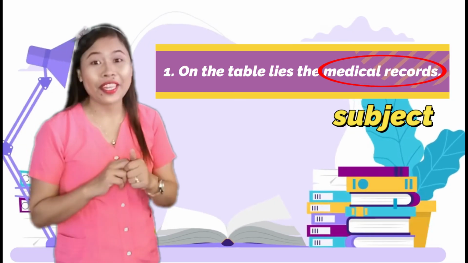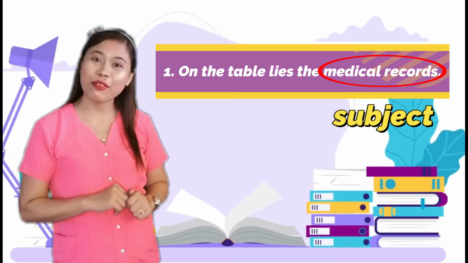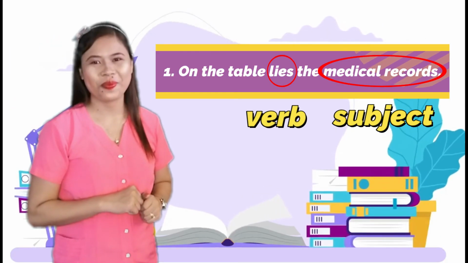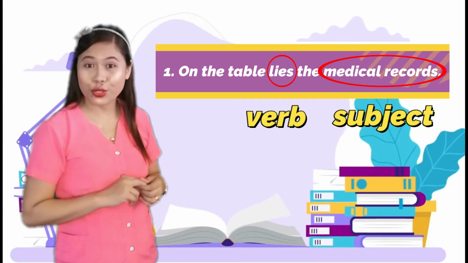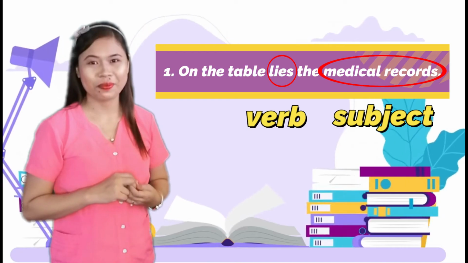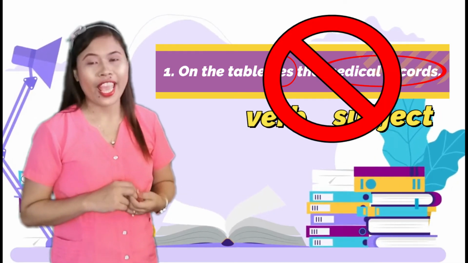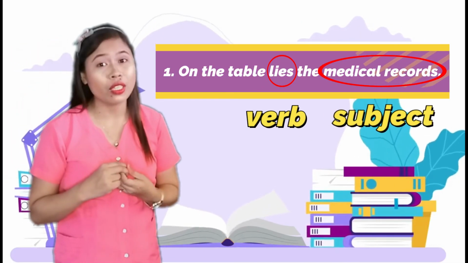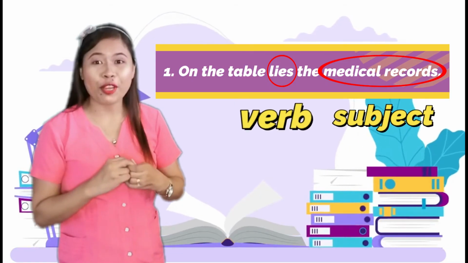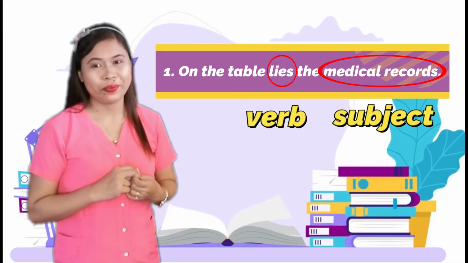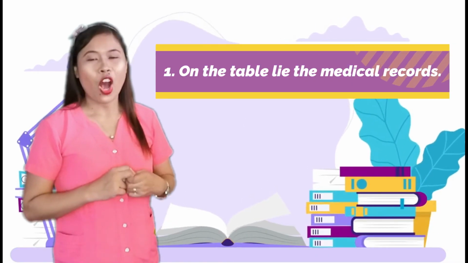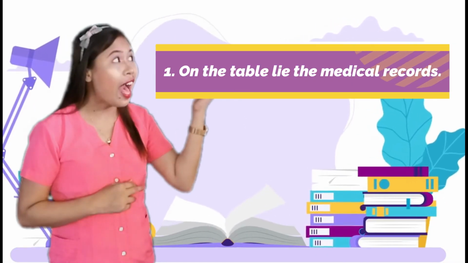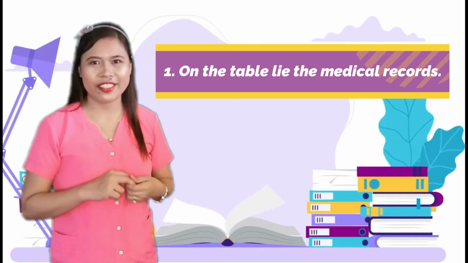Excellent! Medical records. How about the verb? That's right, lies. But do they agree? No, they don't. The subject is plural, the verb should be the base form. The sentence should be, on the table lie the medical records.